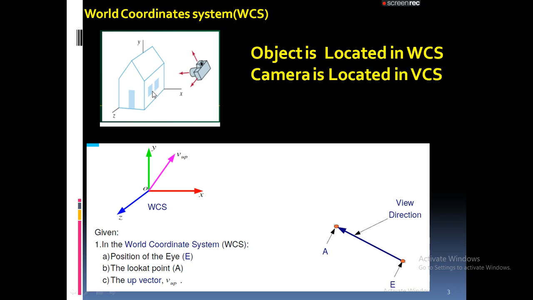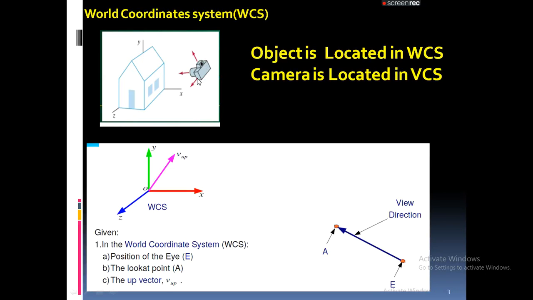World coordinate system means we have an x-axis, a y-axis, and a z-axis. So here I specified the position of the three-dimensional house in a world coordinate system. After specifying the position of the house in the world coordinate system, I need to specify where I located our synthetic camera.